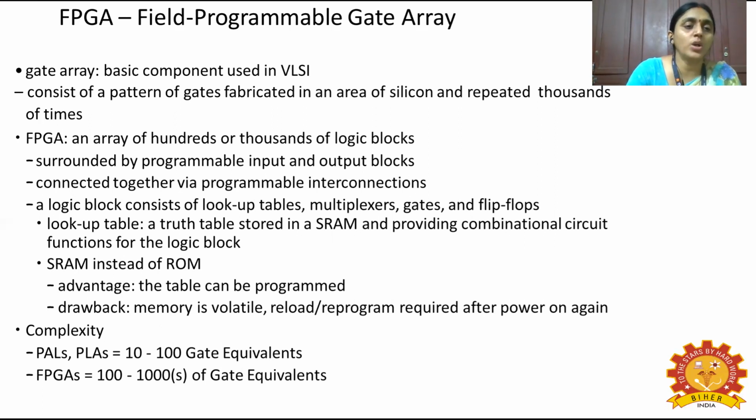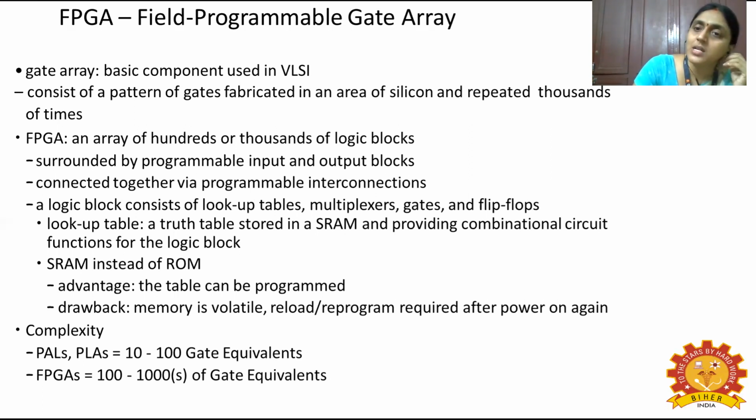And this is a logic block which consists of lookup tables, multiplexers, gates, and flip-flops. And here the lookup table is a truth table which is stored in an SRAM and provides combinational circuit functions for the logic block. With SRAM instead of ROM, the advantage is the table can be programmed.